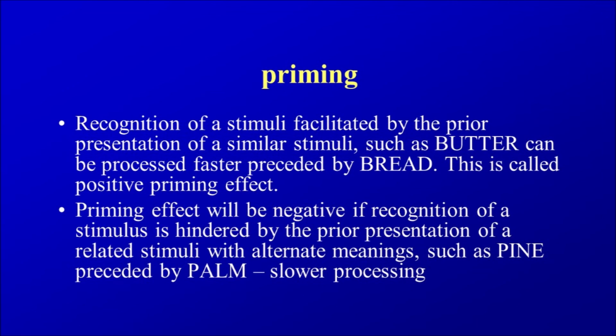But sometimes it is called a negative priming effect. For example, if the recognition of a stimulus is hindered by the prior presentation of a stimulus that is related but has an alternate meaning, then the processing will be slow. This is called negative priming, such as the word pine preceded by the word palm.